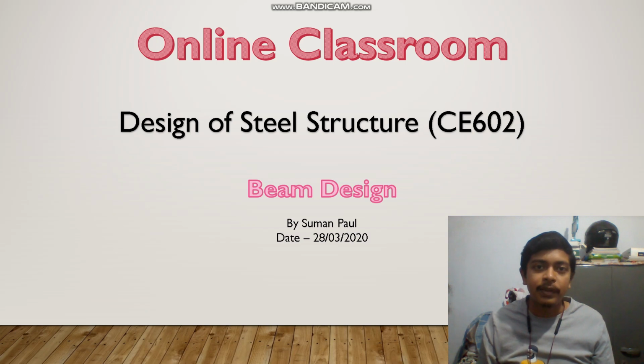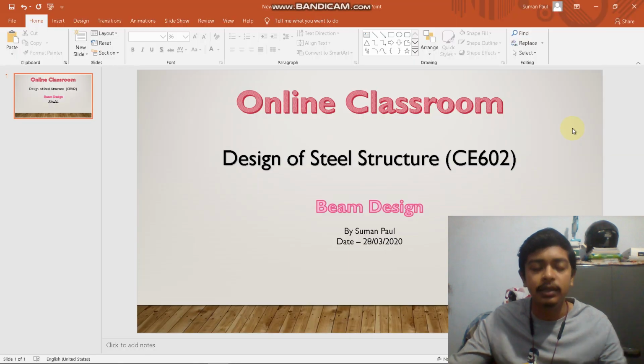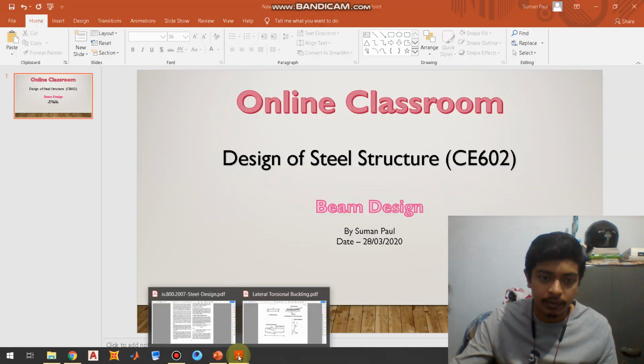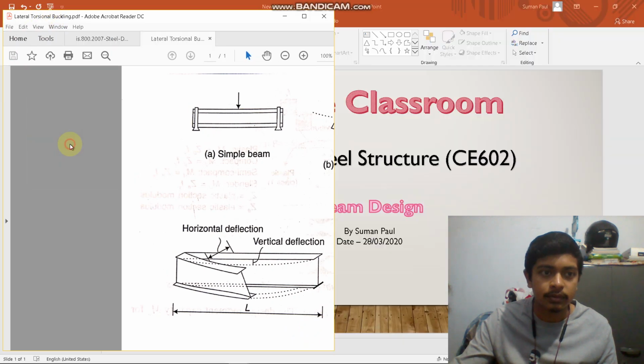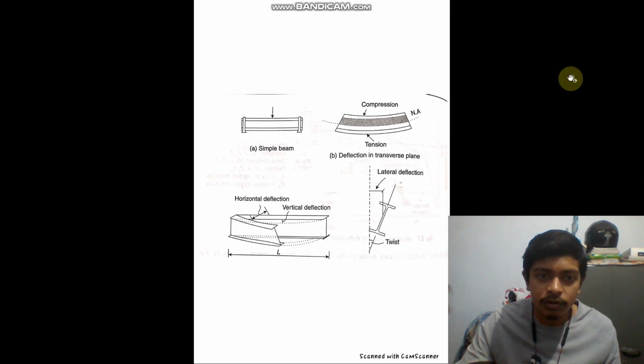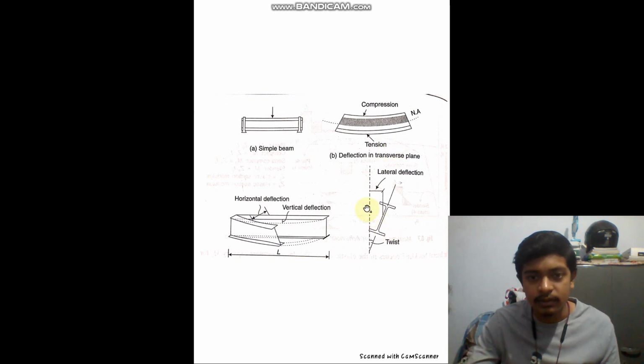All right. So then which beams should we say laterally unsupported? Let's see. If you look closely here, there are many cases where the beam can deflect horizontally, like this, or maybe like this.